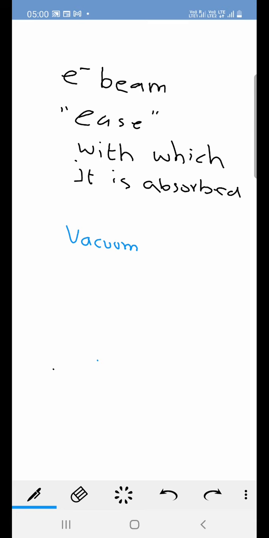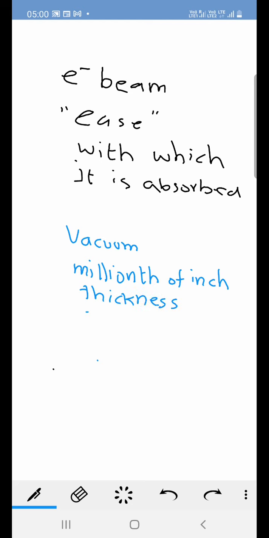So these two are very vital conditions for electron diffraction.